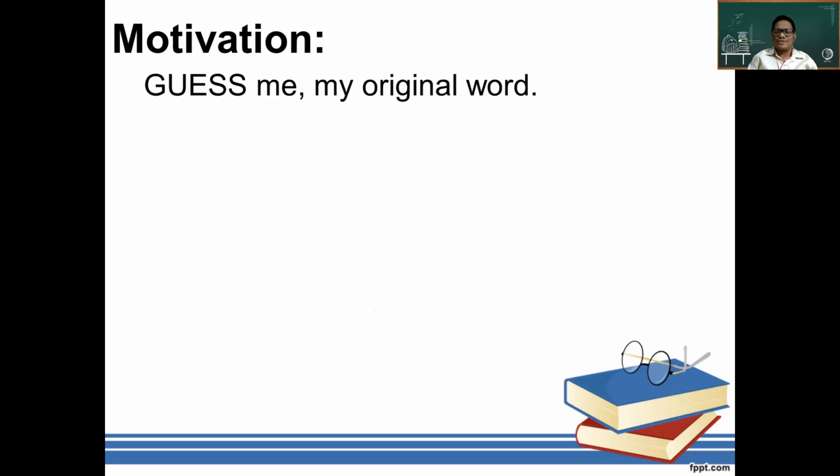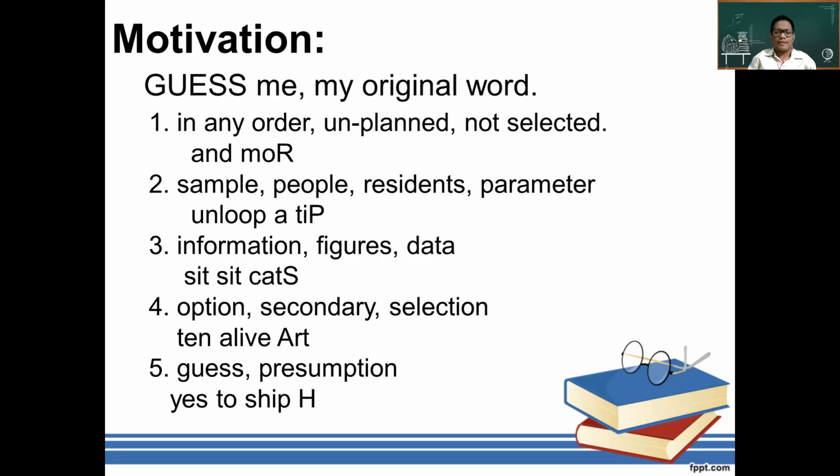Now, let's have a small game. I have here a game of guessing the original word. For example, for number 1, I have included the synonyms or the meanings of each word. Number 1 means in any order, or unplanned, or not selected.